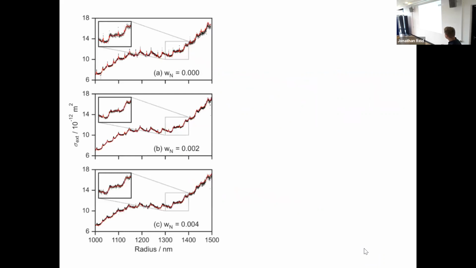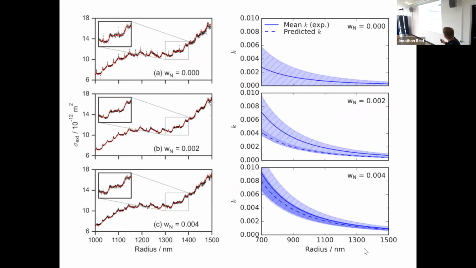So back to these plots, I've plotted here our measured k, or our measured imaginary refractive index, in the solid line. The hatched fill is our theoretical uncertainty that we just calculated from accuracy assessments, and the dashed line is our predicted imaginary refractive index from refractive index mixing rules.